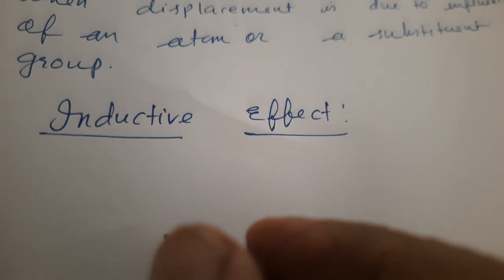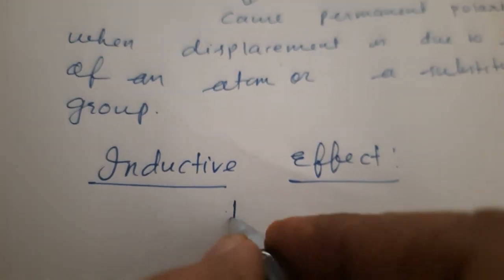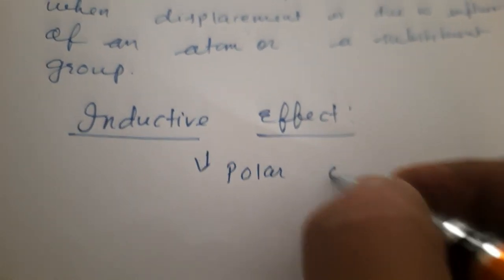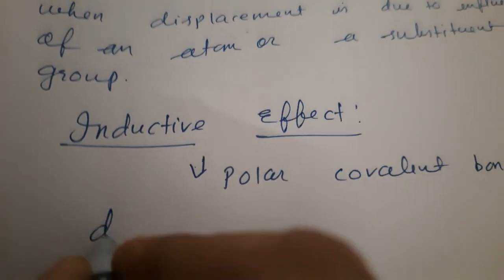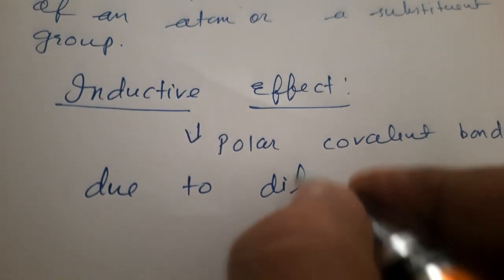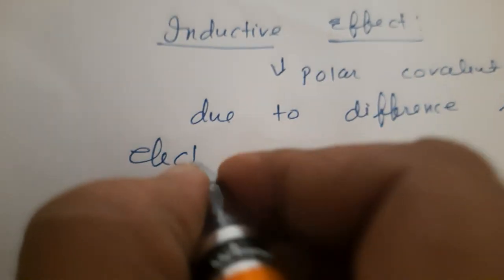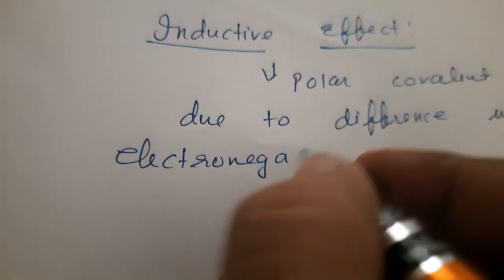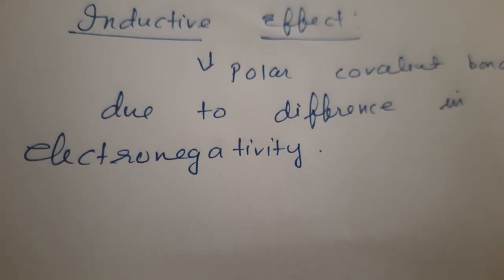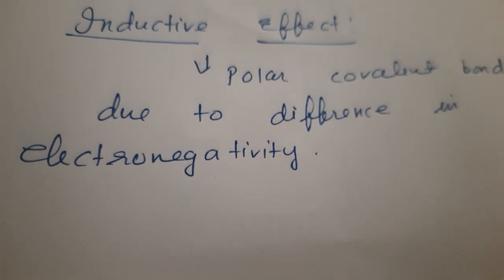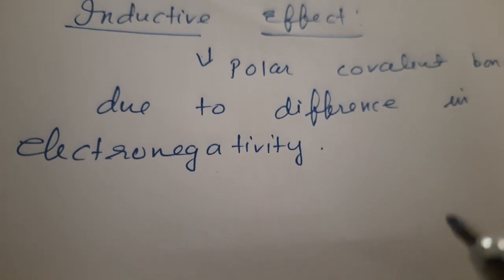Such a shift of electron density results in a polar covalent bond due to the difference in electronegativity, and bond polarity leads to various electronic effects in organic compounds.